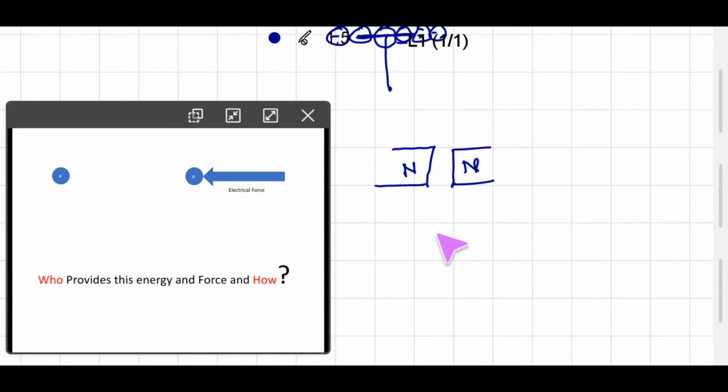If this is an electron and I keep another electron here, we know that this electron will move and go away from the first electron. So what is the thing which brings this electron close to this? In order to move any mass, we need to apply certain force, which provides energy.